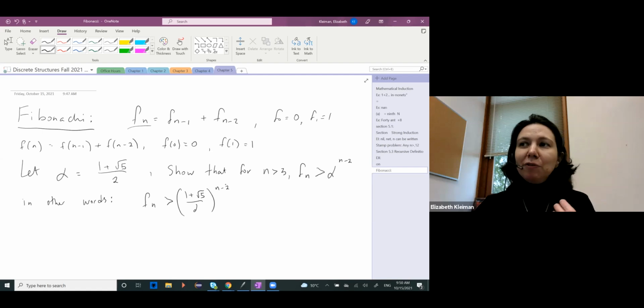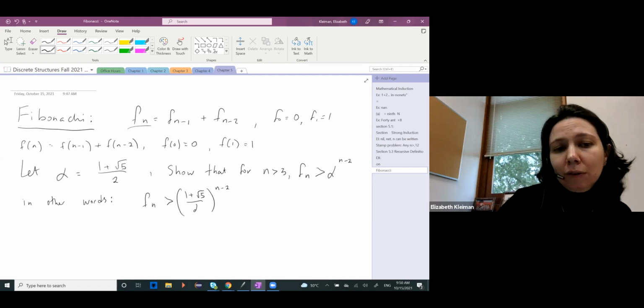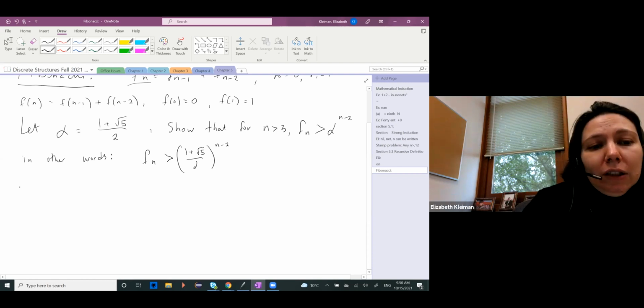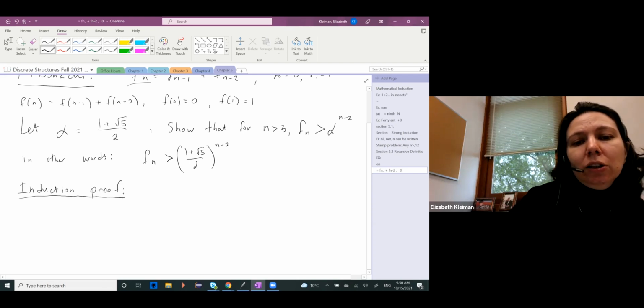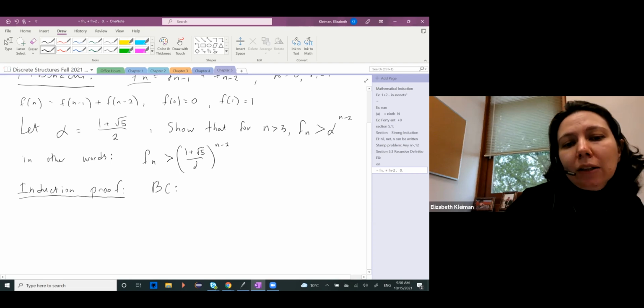It kind of comes very natural. You see a recursive formula, generally that's what you use. The question is, how do we do it? Induction proof.